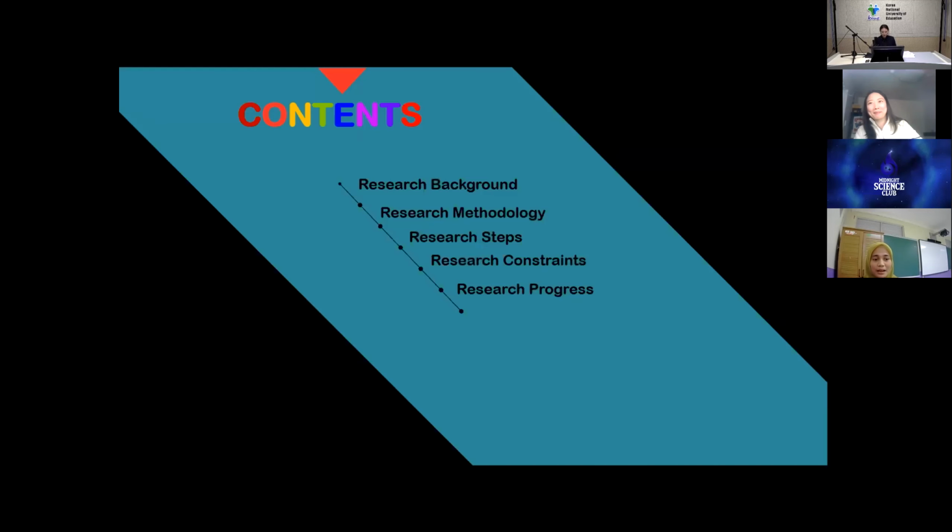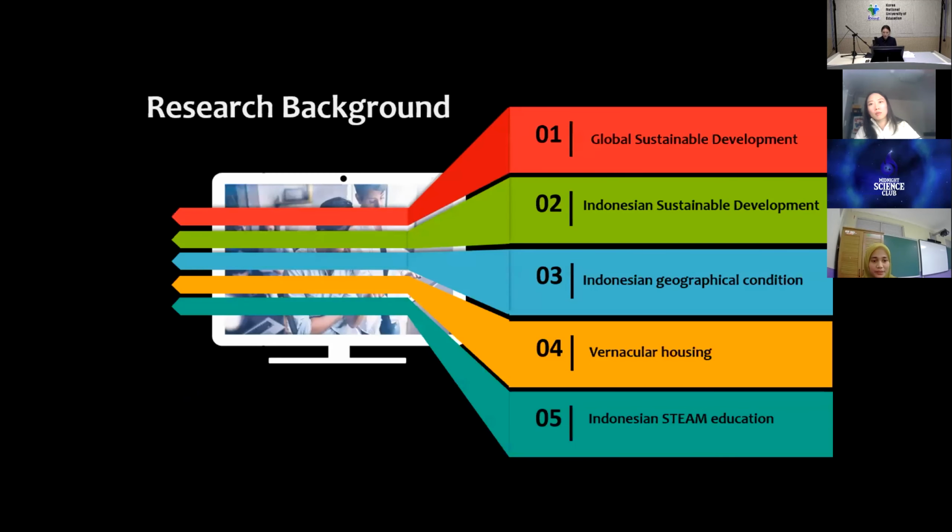And I've divided my presentation into 5 main parts. First, I'll talk about the background and the methodology and research steps, and also we'll look at the research constraints, and finally I'll show you what I've done so far. So this research is initiated by the concept of sustainable development that is receiving increasing attention globally.